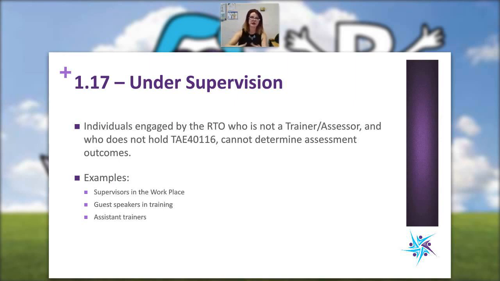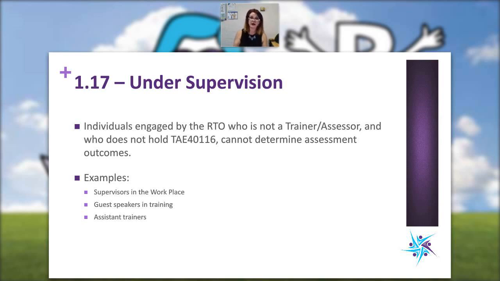A trainer and assessor should come in and use that evidence, the third-party evidence, the observations done in the workplace, to form part of the evidence, but it's not what signs off that unit. It forms part of the evidence for signing off the unit, but it's not solely and wholly the only evidence we're collecting to sign off that student under that unit of competency as deeming them competent.